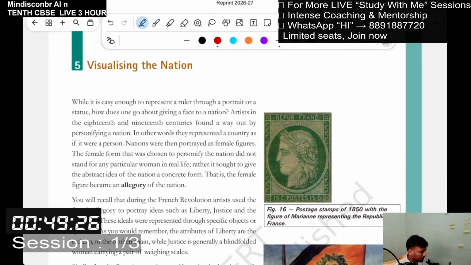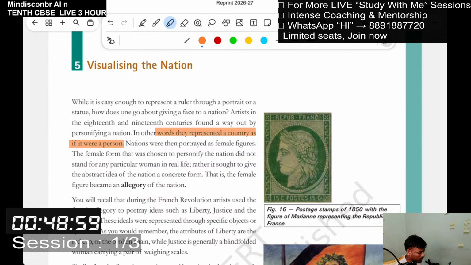While it is easy enough to represent a ruler through a portrait or a statue, how does one go about giving a face to a nation? Artists in the 18th and 19th century found a way out by personifying a nation. In other words, they represented a country as if it were a person.